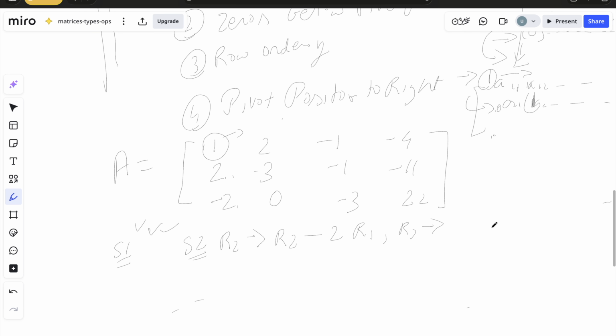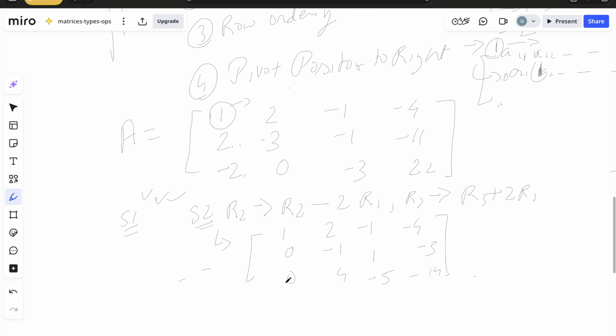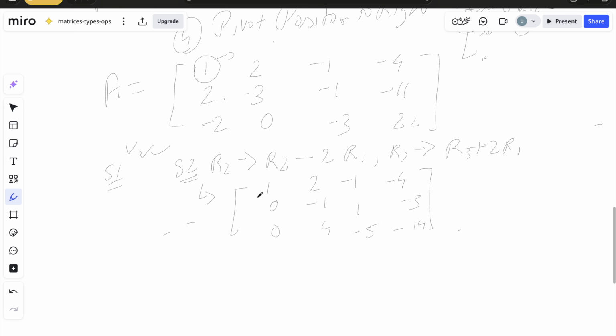On R3, we perform the operation R3 plus 2R1, which gives the matrix transformation 1, 2, minus 1, minus 4, 0, minus 1, 1, minus 3, 0, 4, minus 5, minus 14, right? So we now have the first step; like you can see here, below the pivot there are only 0 elements.